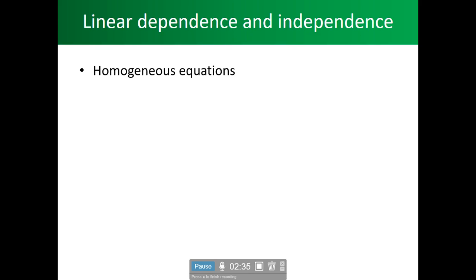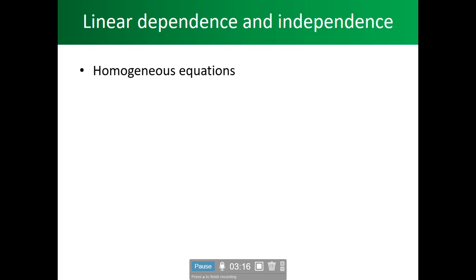Now we're also talking about homogeneous equations. We've talked about homogeneous equations and differential equations before, but let's understand a little more. When we talk about homogeneous equations, we should consider sets of linear equations. Here we want to consider the special cases of such equations when the constants on the right hand side are 0, because they have the form ax equals y.